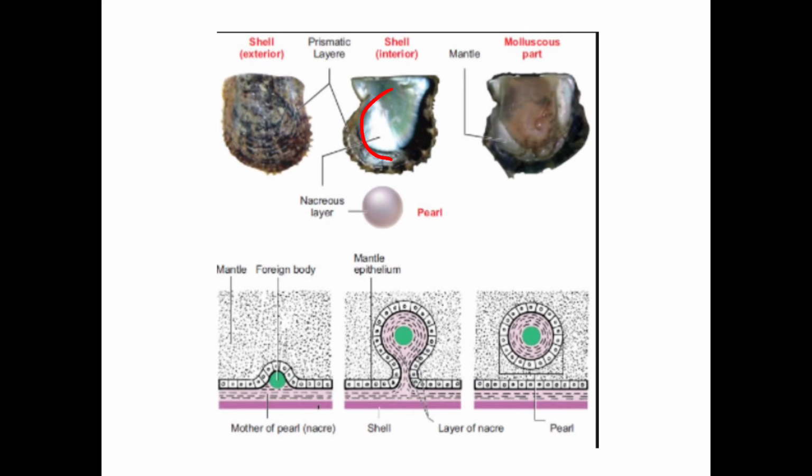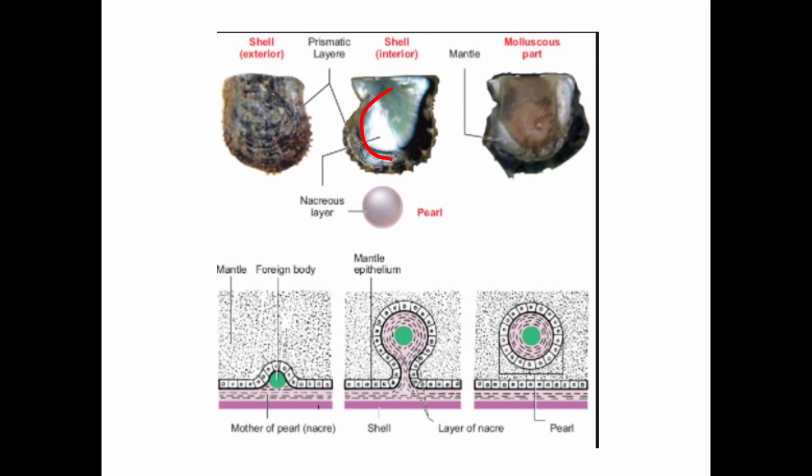Then they have a larva. The larva that hatches out from the egg, after a short period of swimming pelagic life, sinks to the bottom and develops into a young oyster called spat.